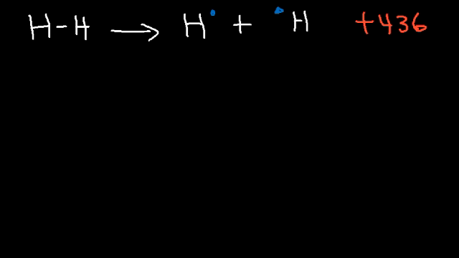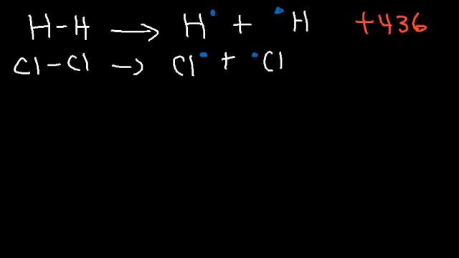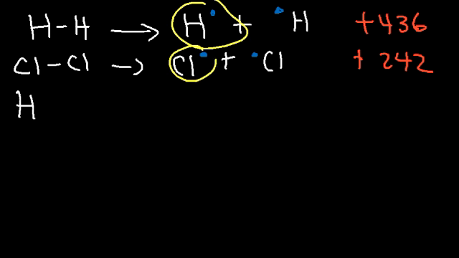Now for the next one, we also need to break the bonds between the 2 chlorine atoms. And so when we do that, each of them is going to turn into a radical. Now the enthalpy change for this reaction is going to be positive 242 because this is also endothermic. Now, to form a bond between the hydrogen radical and the chlorine radical, that is going to be an exothermic process.